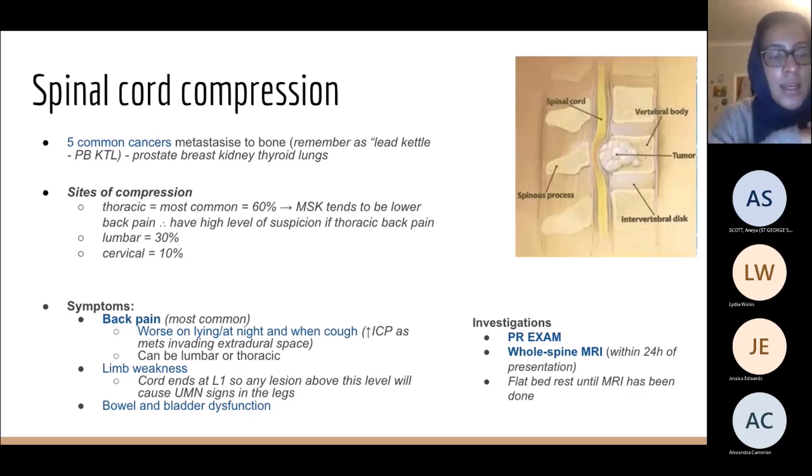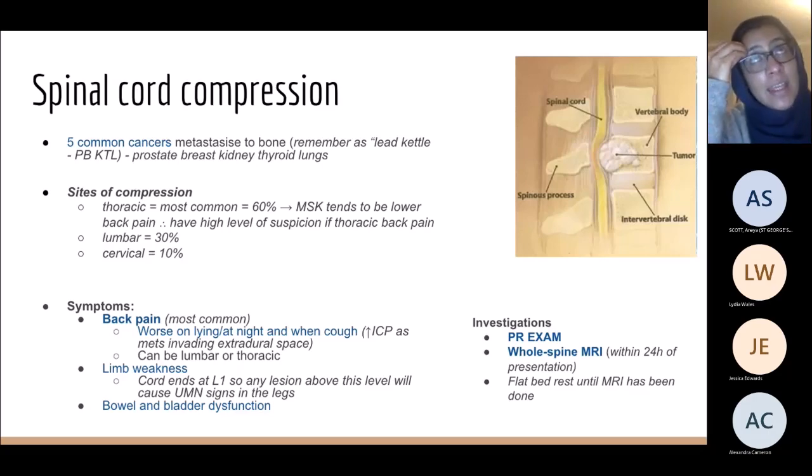Again, the symptoms that you get, you would obviously get back pain. It's often worse at night or when lying down because of raised intracranial pressure. And you will also get limb weakness because of compression onto certain nerves that cause these neurological symptoms.